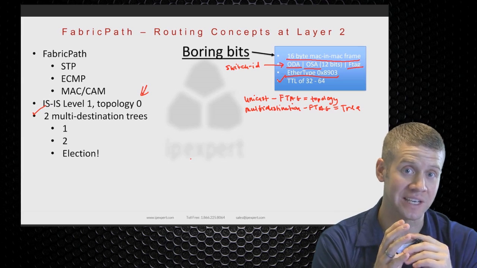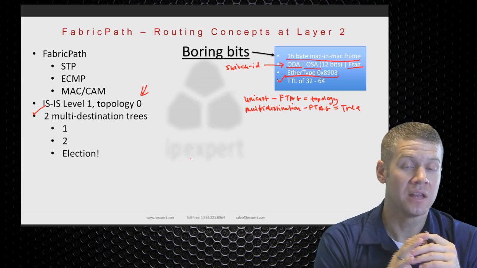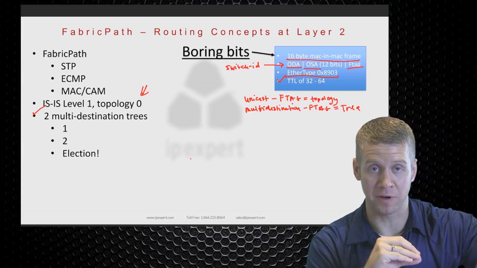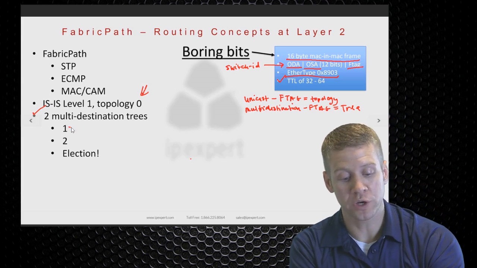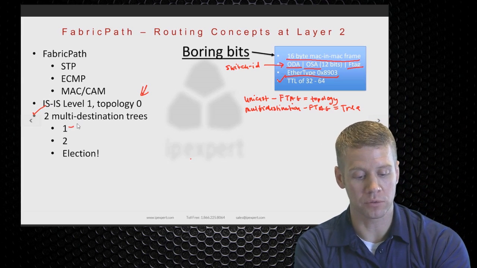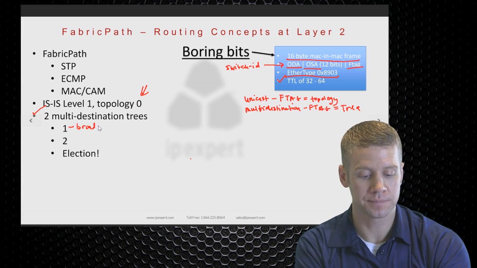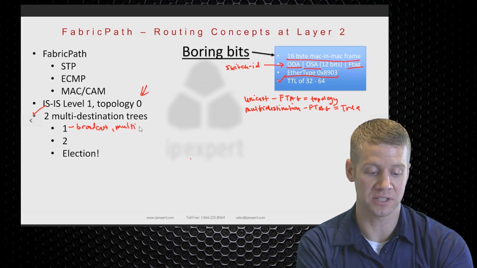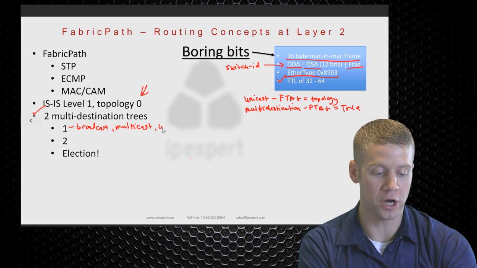What they are going to do, it's going to look a little like spanning tree, guys. These multi-destination trees, we're going to route certain types of traffic, okay? For tree 1, we're going to see this is going to be our route for all broadcast, some multicast, and unknown unicast.